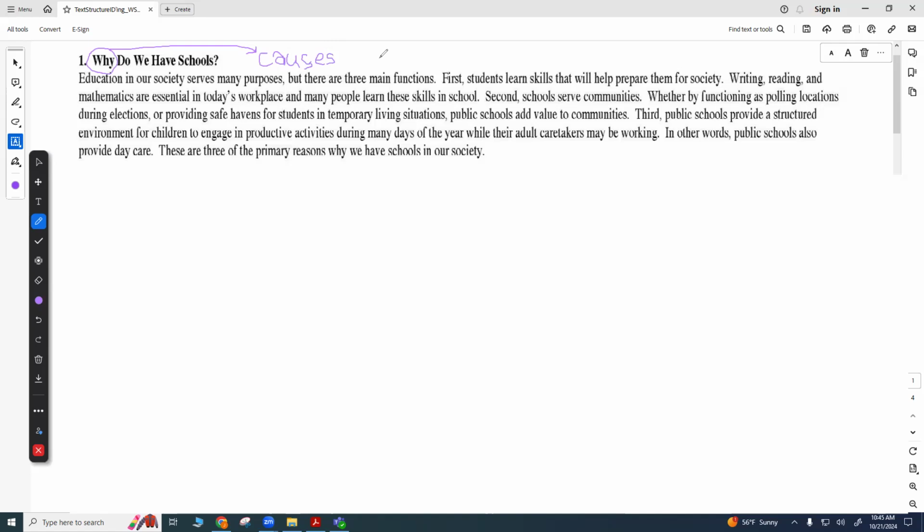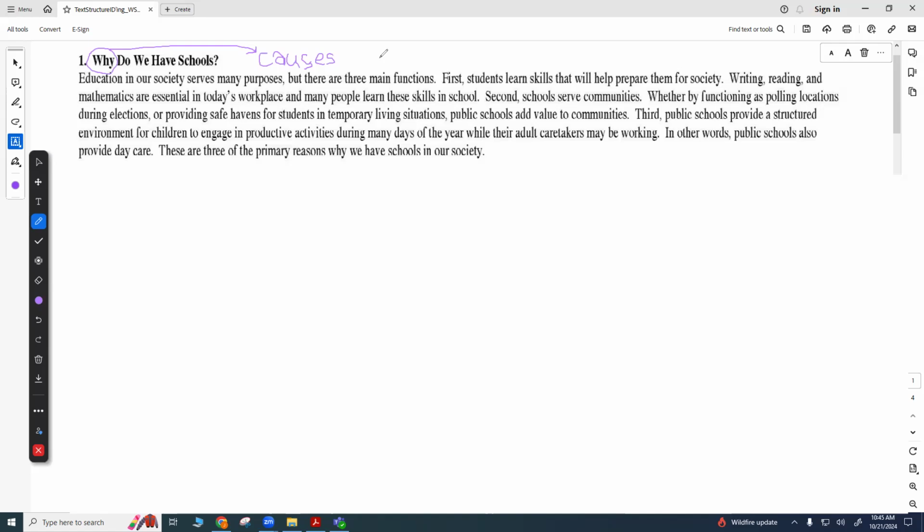Is this passage cause and effect? Is that what you chose to call it? From our 5 choices, or was there a better text structure? I pick sequence.